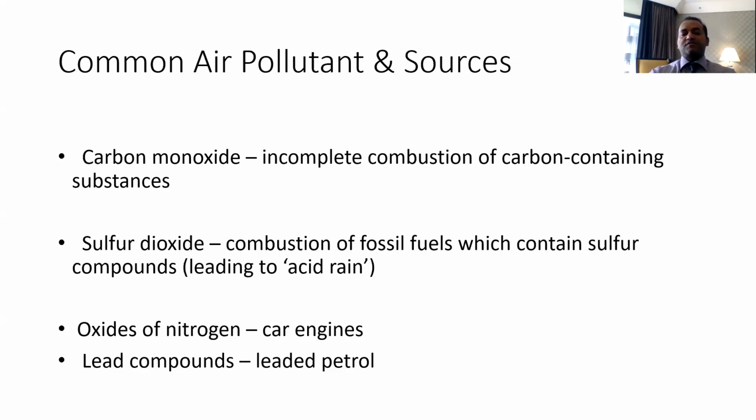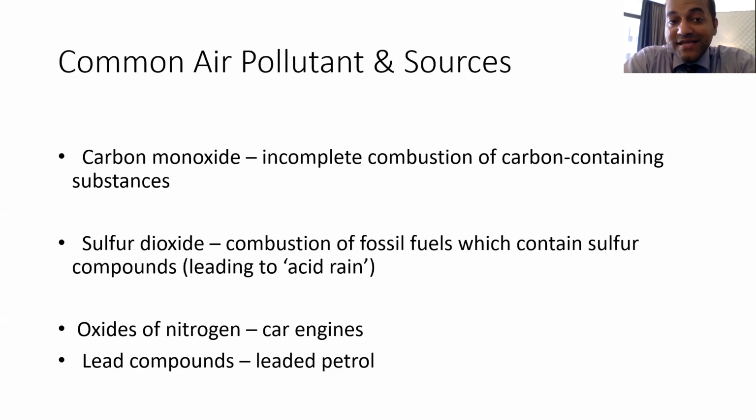Now, what are the sources? From where are these air pollutants coming? Carbon monoxide basically comes from the incomplete combustion of carbon-containing substances. For example, in a vehicle, we use petrol or diesel. All these petrol and diesel contain carbon compounds like alkanes and alkenes.